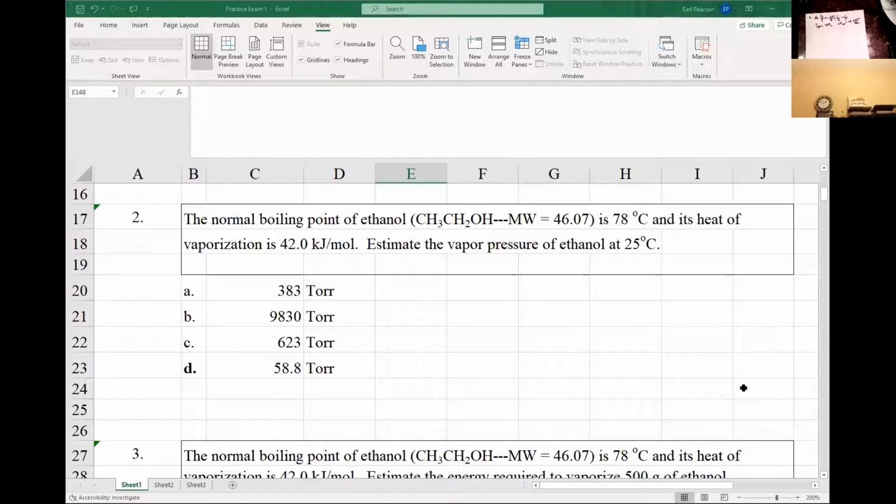So there is the relationship we need. And we were asked to estimate the vapor pressure. I'm sorry, I should have thought about that and written it down. We're asked to calculate the vapor pressure; we want to know what it is at 25 degrees Celsius. Okay, now we've got everything we need.